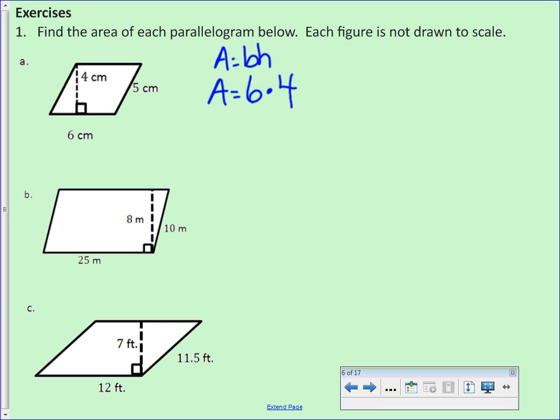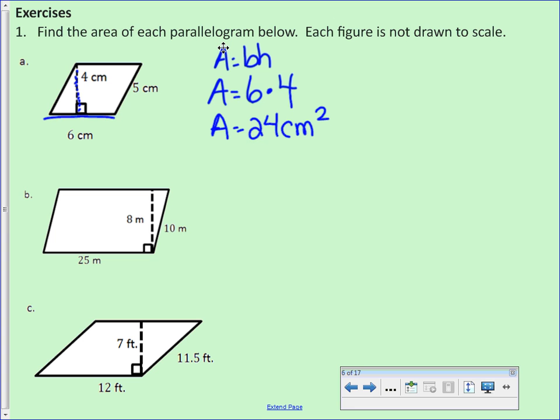And for area, I just need the base and the height. And that's my base because that's where my height is intersecting. Your height is going to go to your base. Your height always intersects or connects to your base.